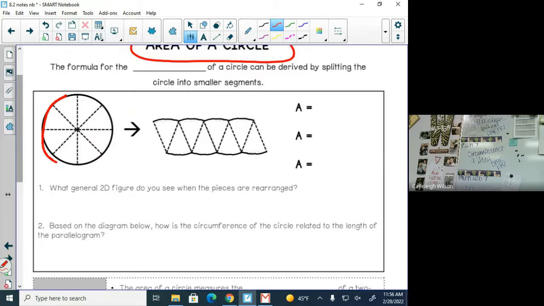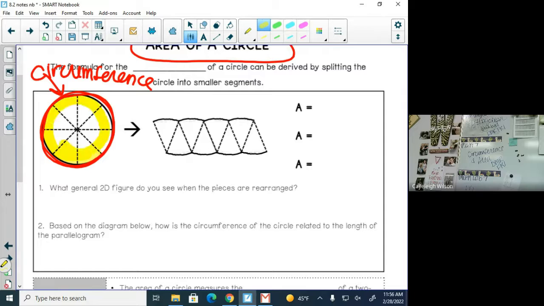The amount that goes around the outside of the circle is called the circumference. Area is what covers that circle. So this yellow part, this is the area.